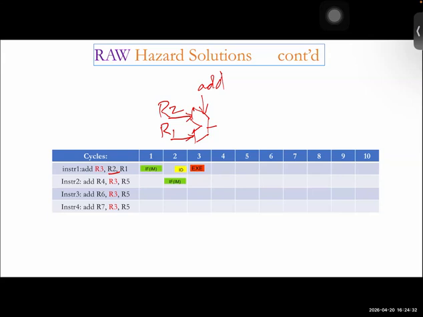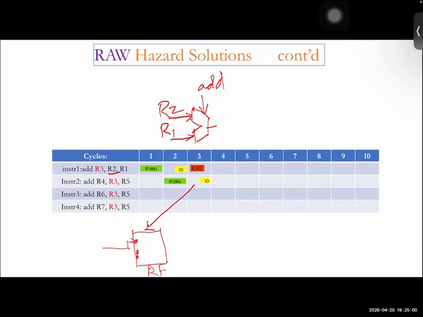So then at the third cycle, instruction 2 enters into the instruction decode stage. At this stage, from the register file, it is decoding the source 1 and source 2 operands.